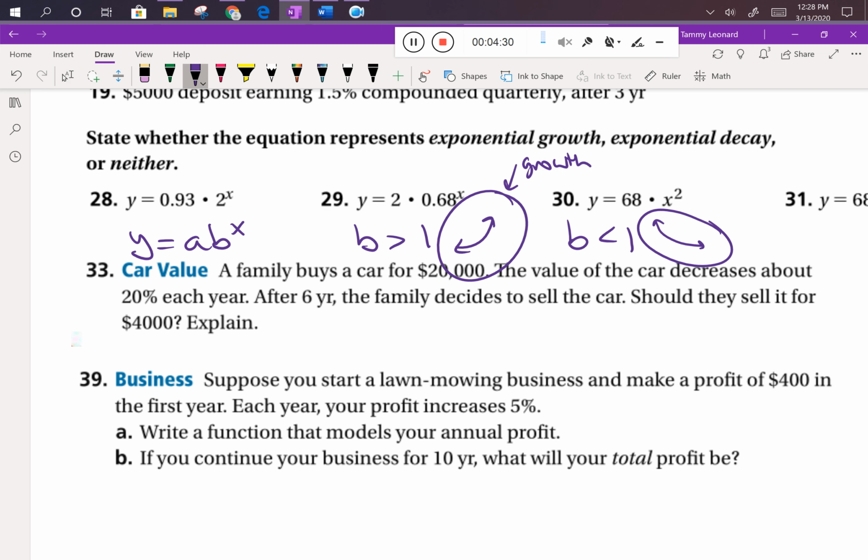Now this one, as we read from left to right, would you say it's increasing or decreasing? It's decreasing, right? It's getting lower and lower, closer to the x-axis. So if the other one's growth, this must be decay, right? If you think of leaves decaying in the yard, if you imagine in the fall when you have to rake all those leaves and you have a big pile.